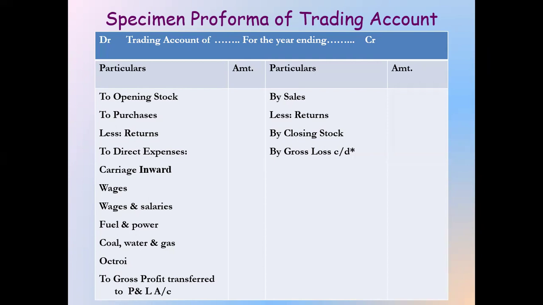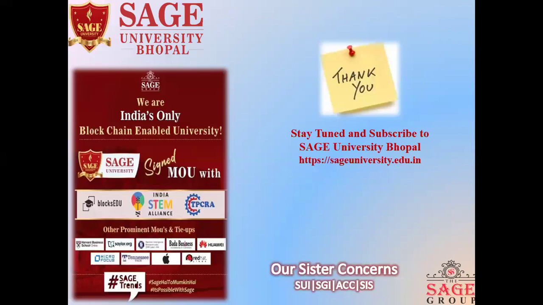When we compare, if the revenue side or credit side is more than the debit side, what comes? The gross profit, and this profit would be transferred to the profit and loss account. If the debit side is more than the credit side, what comes? The gross loss, and again it would be transferred to the profit and loss account. So this is the format of the trading account.